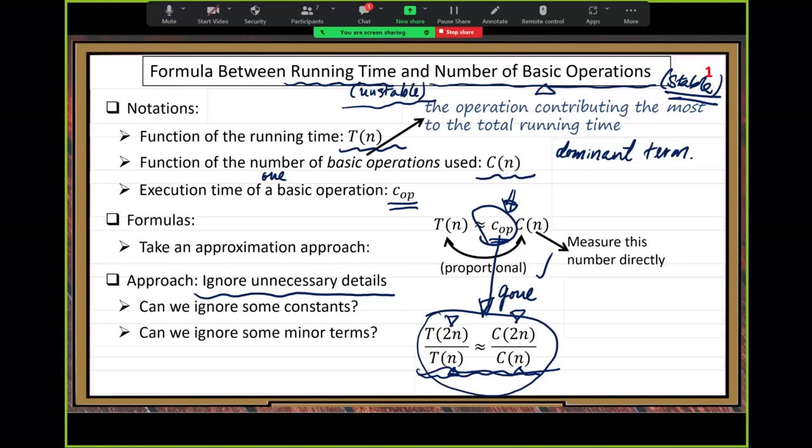So you can see, we can use the ratio here to see the increasing rate without knowing the little constant. That means that constant, in some sense, is not that important. So we can ignore it, in some sense.